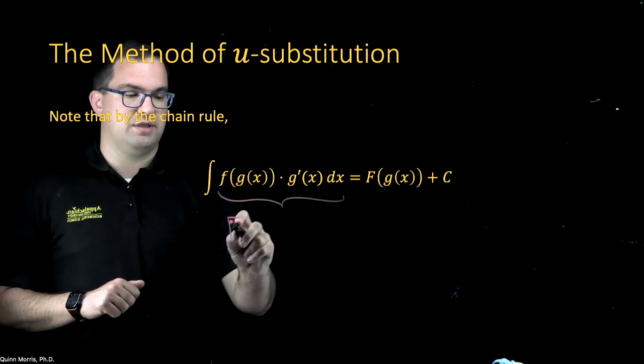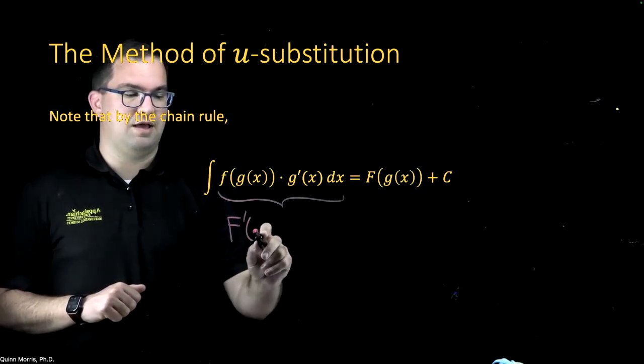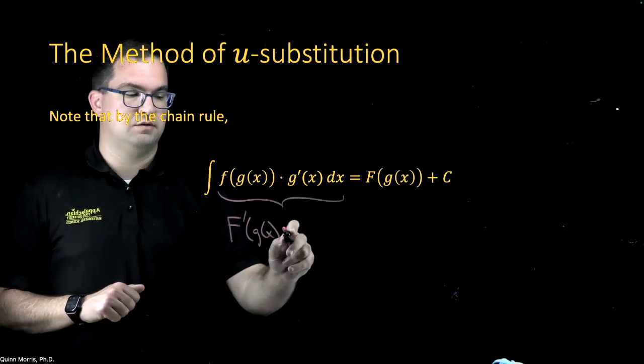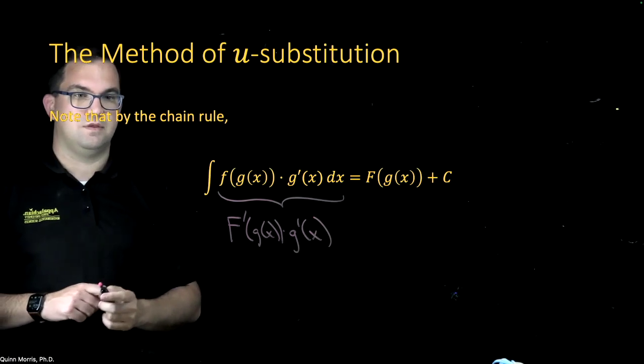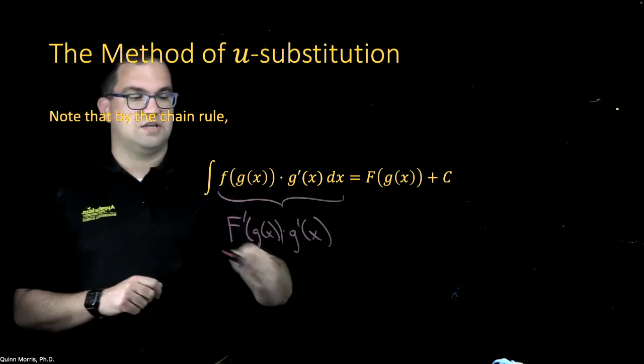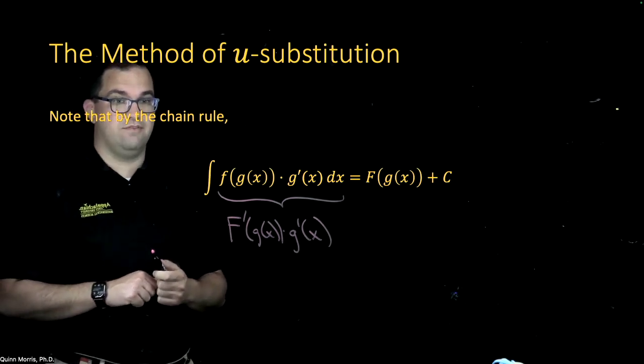But little f is really capital F prime. So this is really capital F prime of g of x times g prime of x. And so this comes from taking the derivative of capital F of g of x.